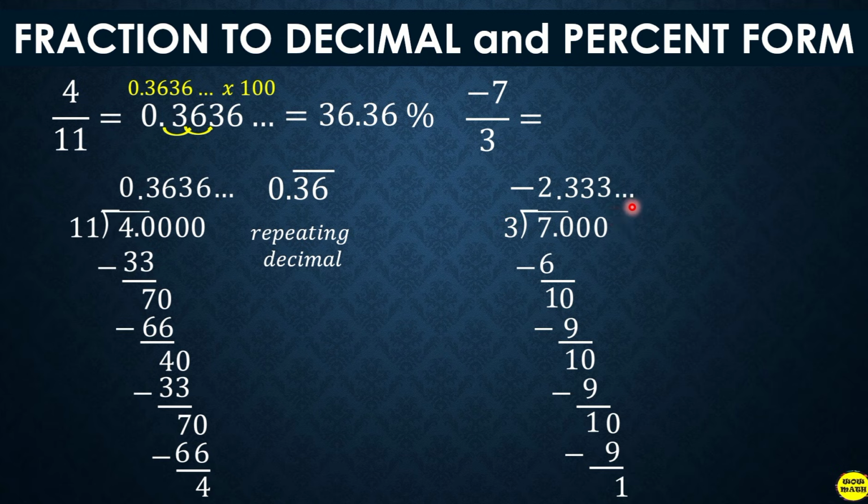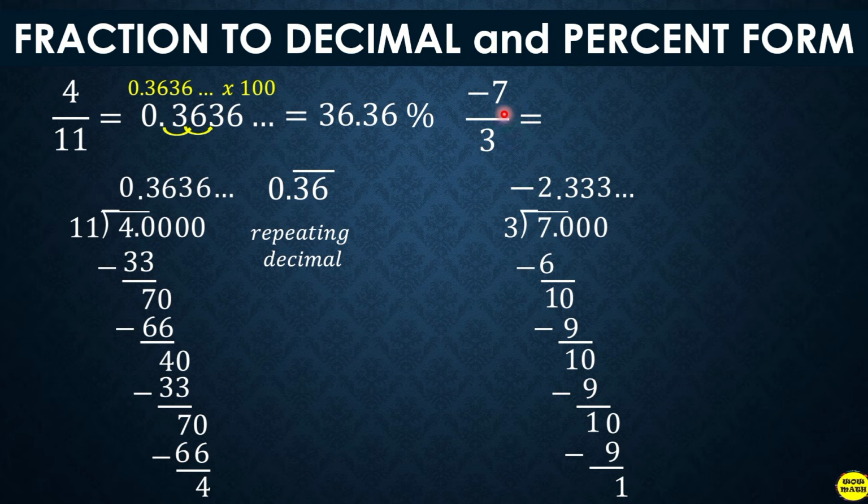Okay? Now, since repeating siya, maglalagay na lang tayo ng dots. Now, since different yung ating dividend and divisor, so ano nga ang rule natin kapag nagdi-divide tayo ng integers, diba? Different signs, negative. So, tsaka lang tayo maglagay ng negative. Okay?